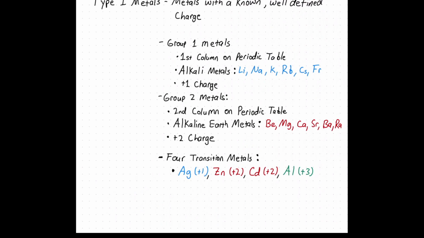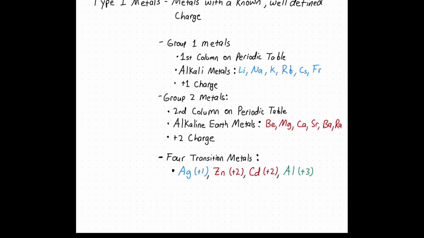There's no other way to satisfy the condition of everything having a full outer octet and the molecule being neutral. No other way to do it other than MgBr2, because Mg does not have a variable charge like a transition metal could, such as copper or iron or lead or something like that.